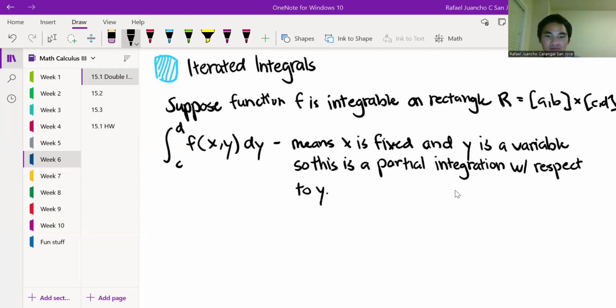And so from there, now we see that this particular number, this definite integral, is actually just a number that depends on x, depends on what that fixed constant is, right? So we're saying that this number depends on x, so we're saying A of x is just this integral.